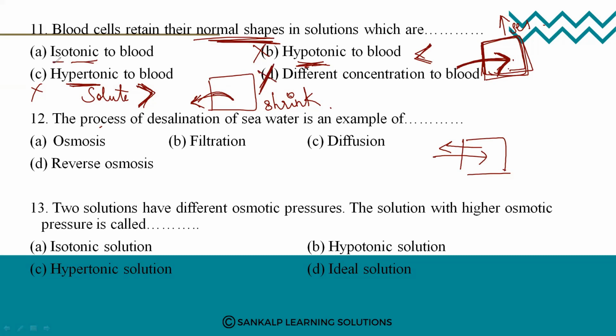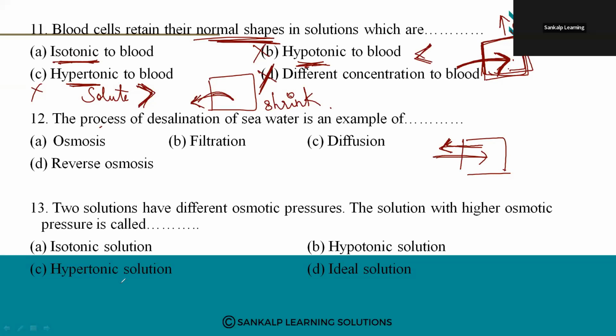With respect to isotonic, we have seen that the concentration inside the cell is equal to the concentration outside, right? So the correct answer is isotonic to blood.